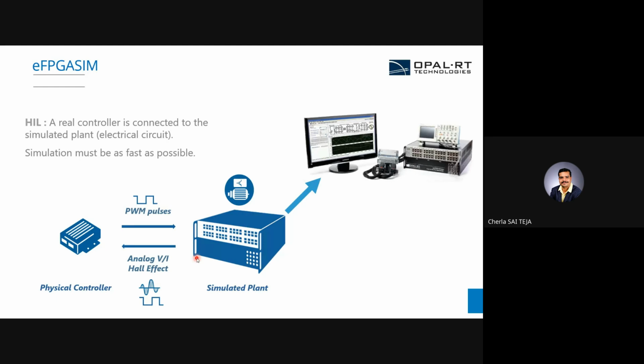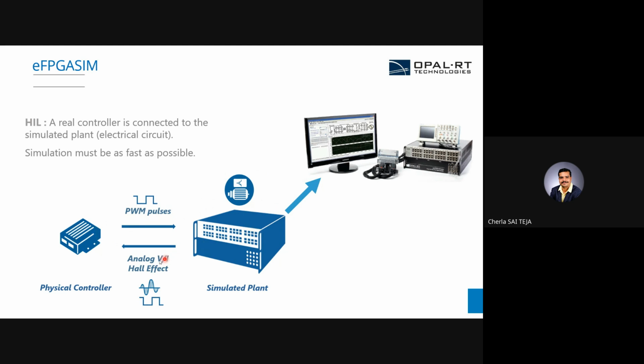Here, in hardware-in-the-loop testing, as I told, a real controller is connected to a simulated plant. Whenever you're doing a power electronics based study, this simulated plant normally may have a power converter or a power drive. Along with the converter, you might also have a motor. This plant must run as fast as possible in order to take these PWM pulses as an input, do the required simulation, meaning driving the converter and then the motor, and then provide the feedback back to the controller.